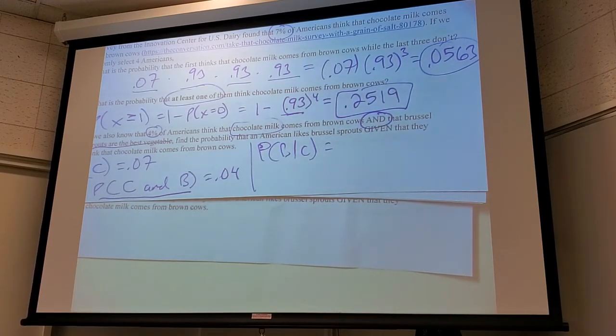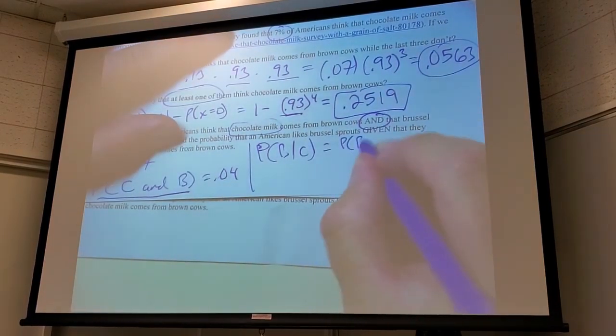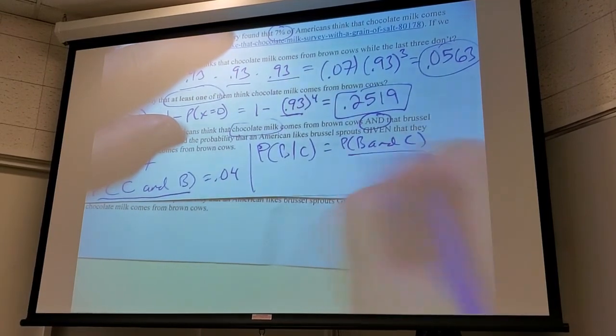So we know the probability of A given B, so we know the probability of B given C. Can somebody else tell me what that's going to be? What's the probability of A given B? It's the probability of A and B divided by the probability of B. So the given is always on the bottom. So isn't this the probability of B and C divided by the probability of C?